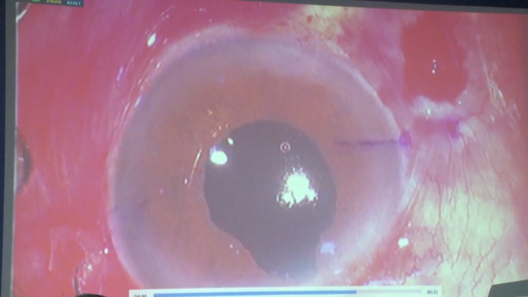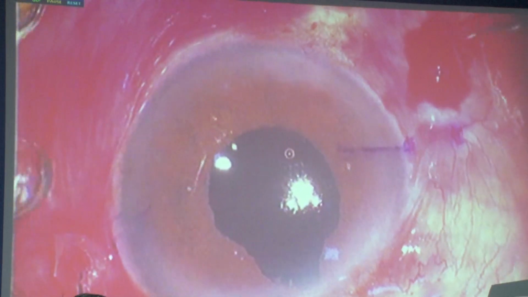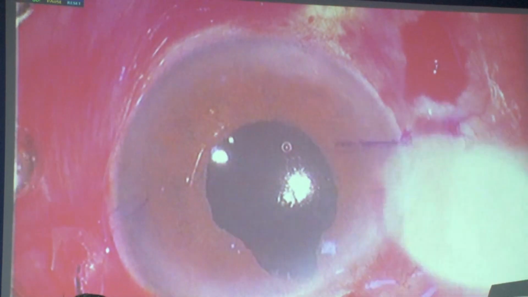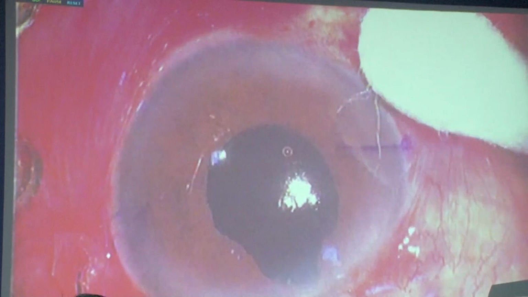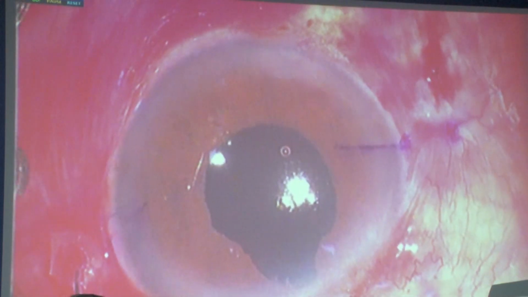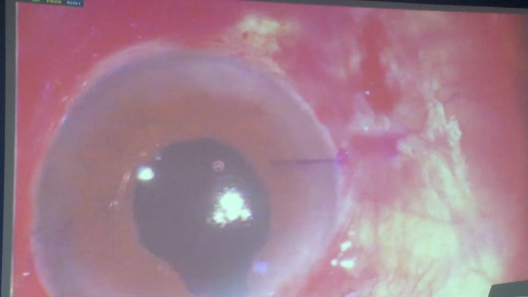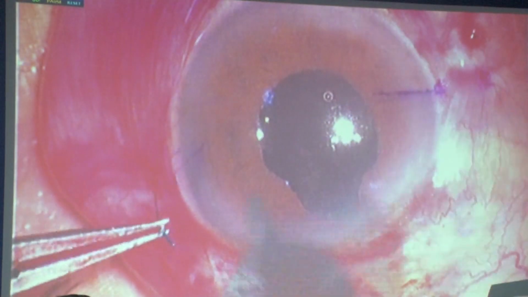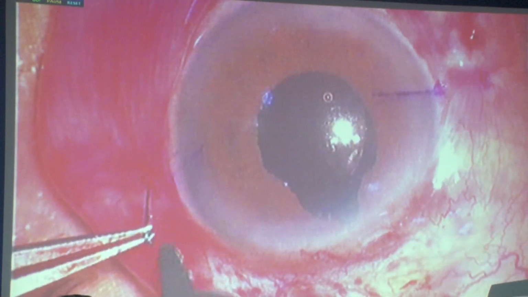The terminal bulb needs to be flat enough, like a tabletop or mushroom shaped, so it doesn't fall off the 26 gauge track which we have created. You see that bulb; it should not be haphazard, or it will irritate the conjunctiva and come out in the postoperative period. Do the same with the other haptic also.